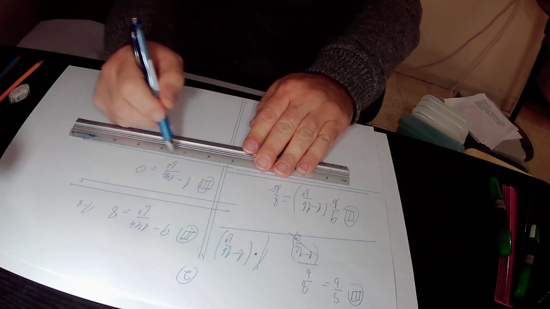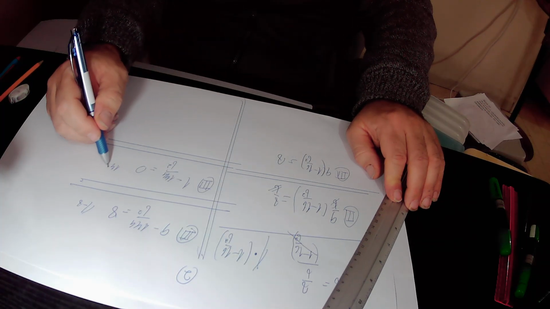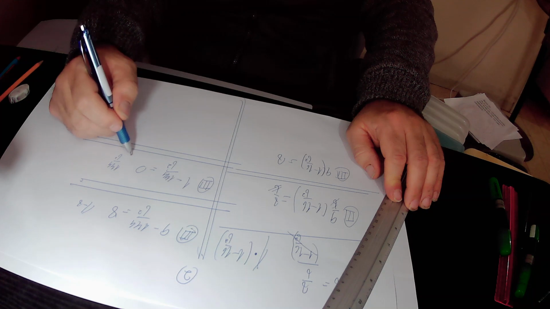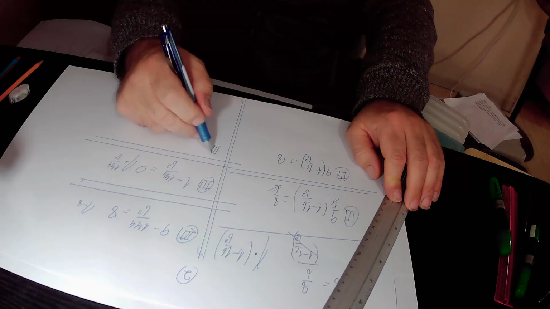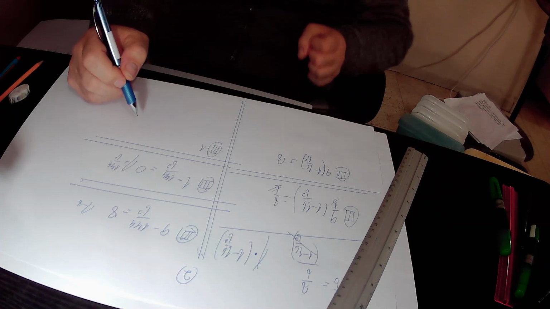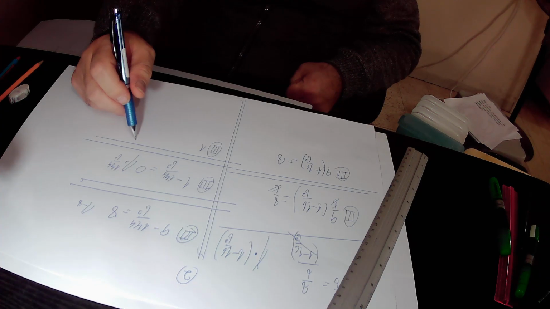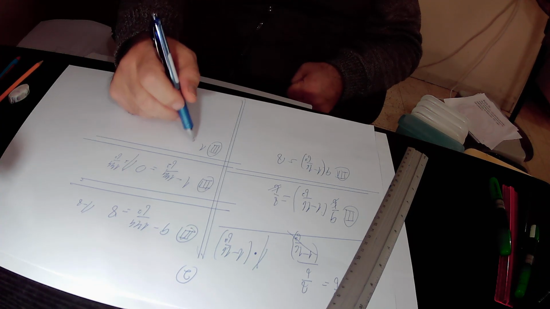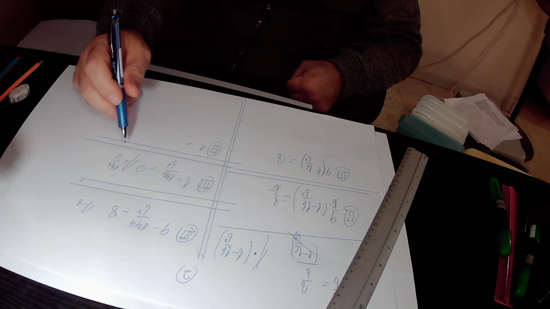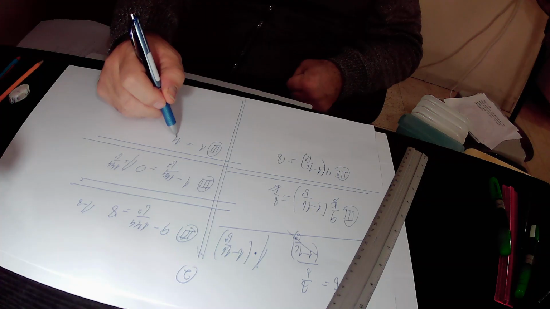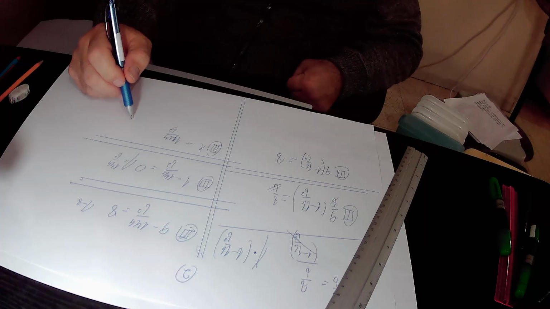So we add 144 over B squared to both sides: 1 minus 144 over B squared plus 144 over B squared equals 0 plus 144 over B squared. So in total we found out that 1 equals 144 over B squared.